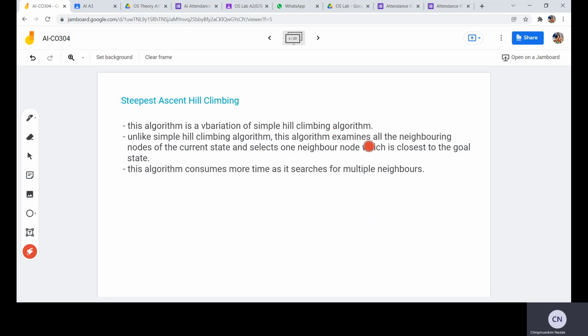Here it examines all the neighboring nodes of the current state, and among all of them, the node that is selected is the one closest to the goal state. And this algorithm consumes more time because it searches multiple neighbors. So that's a little bit about the steepest ascent algorithm.